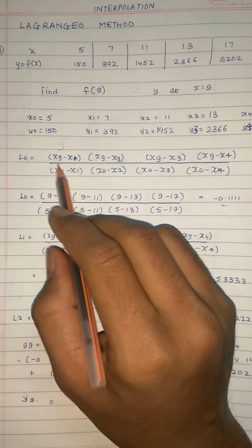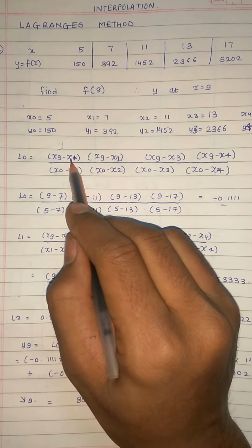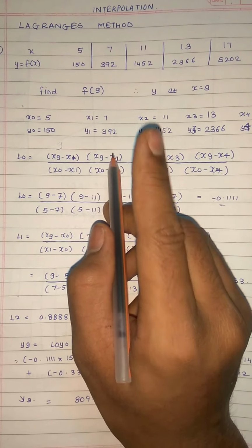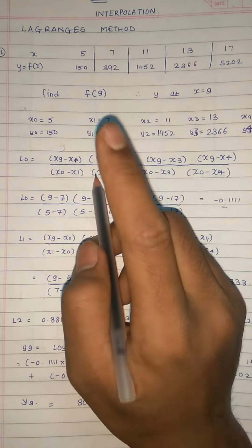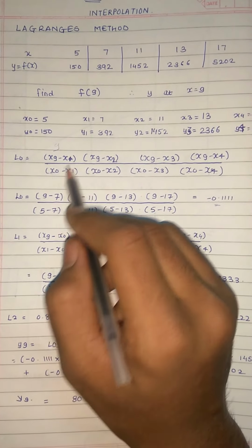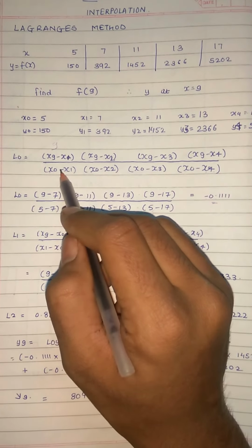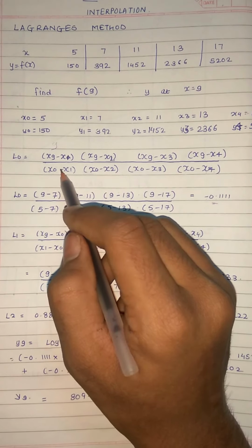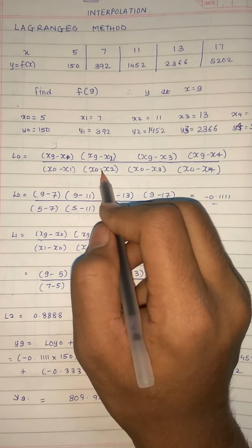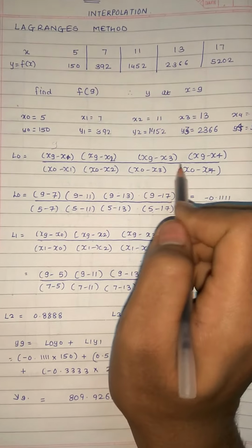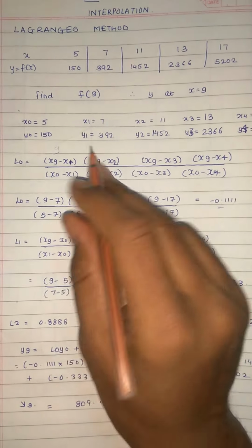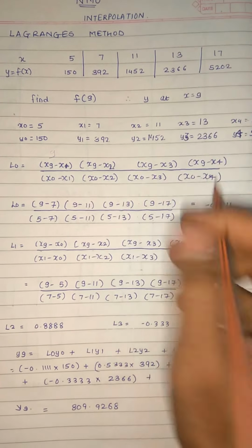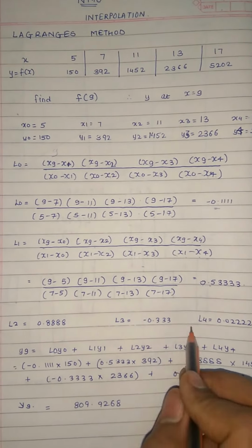For L2, it will be xg minus x0, xg minus x1, xg minus x3, xg minus x4. We neglect the second term and the denominator will be x2 minus x0, x2 minus x1, x2 minus x3, x2 minus x4. We neglect the second term. Similarly, for the both the terms remaining, you get some answers.